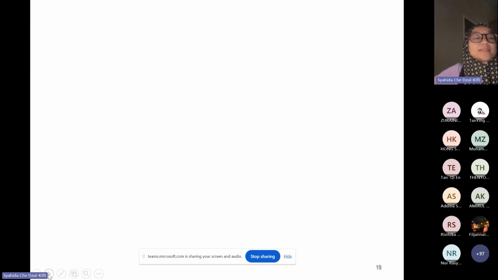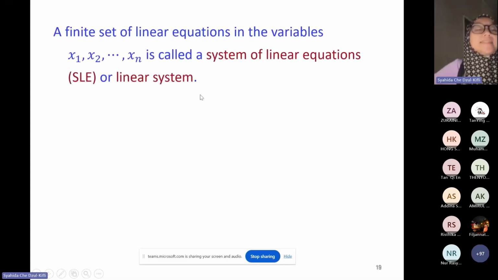In general, a finite set of linear equations, where every linear equation has the same number of variables, which is n in general.